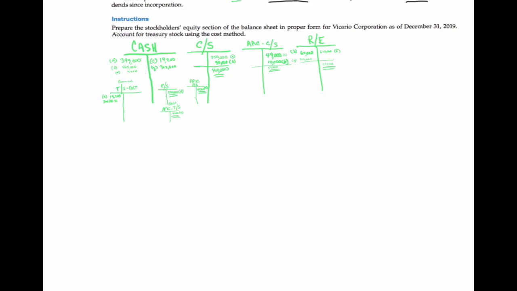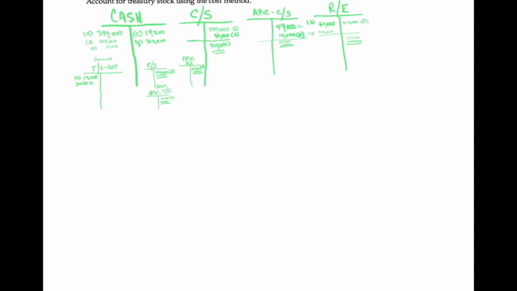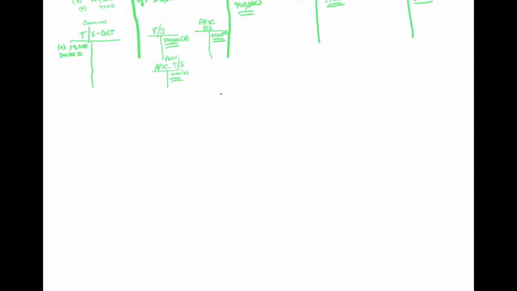So now I'm going to, it's Vicario Corporation. Balance sheet. As of, or we'll call this a partial balance sheet because it's not the whole thing, as of December 31, 2019.